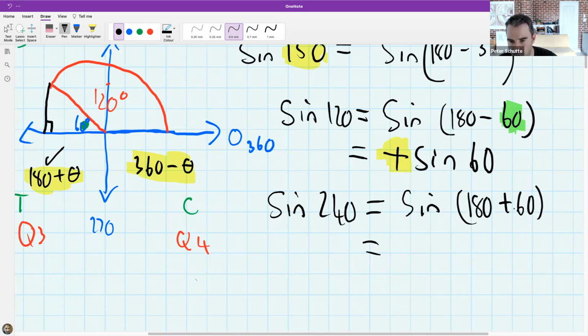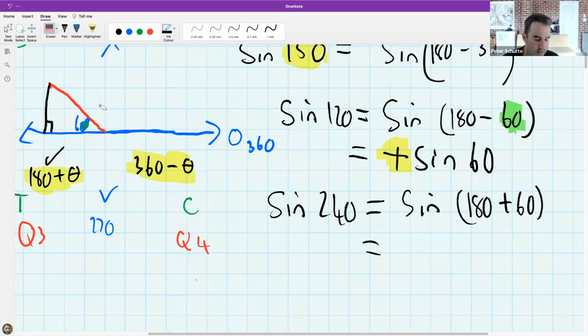Whenever you are reducing a trigonometric ratio, you first ask yourself, in that quadrant, how do I rewrite the angle? Now, let me show you where it comes from. Bring it back for a second.